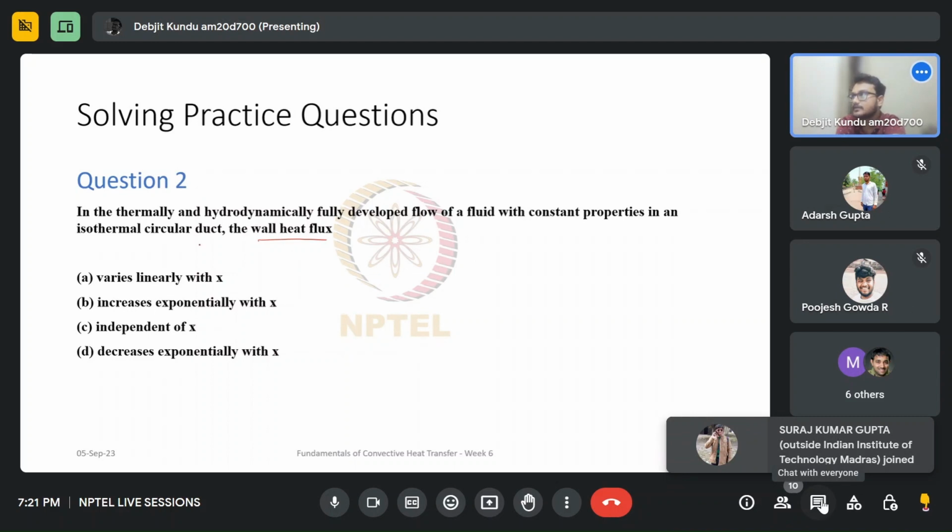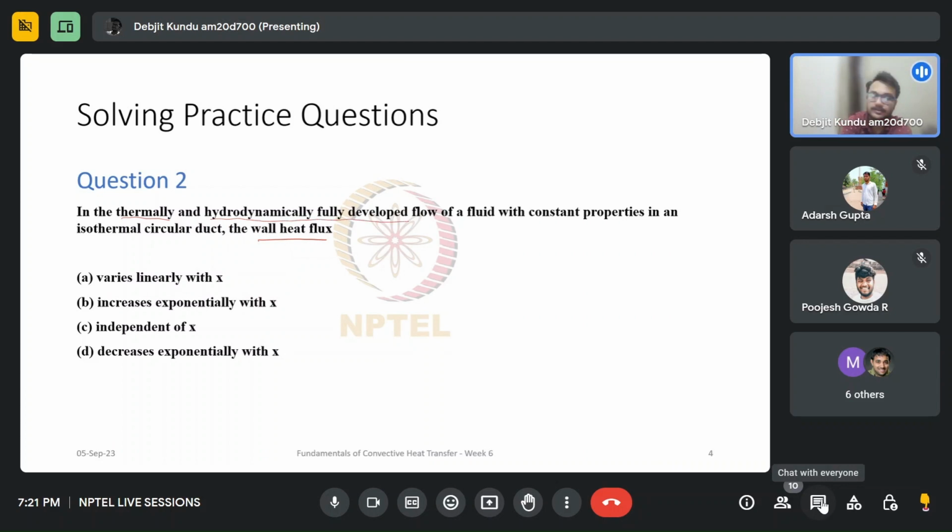So we have a circular duct and a fully developed flow profile, both hydrodynamically and thermally. And it's an isothermal circular duct, meaning the boundary condition is constant temperature boundary condition. So in that case, the wall heat flux, or q_w double prime, as we have been calling it, what kind of a function of x is it?